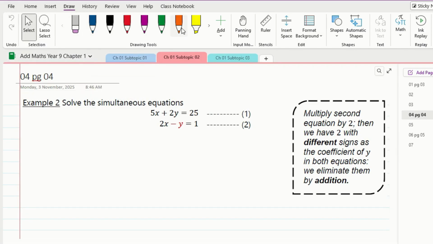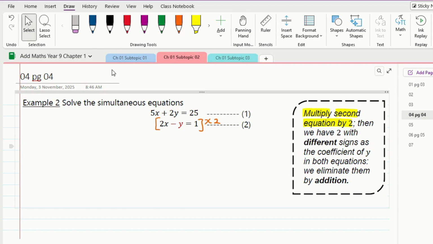So here, a tip for you is to check which one of the unknowns is easy to eliminate. So here, the suggestion is to multiply the second equation by 2. So here, let's write the multiplication of 2 into the whole equation, and you don't have to do anything with the first equation.